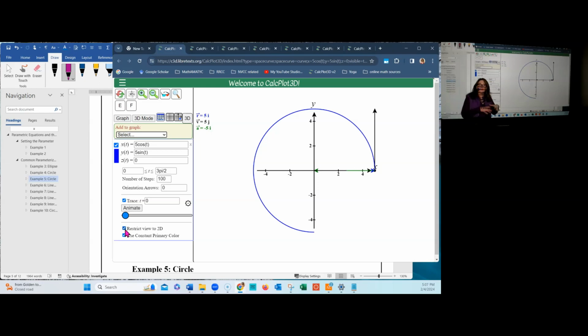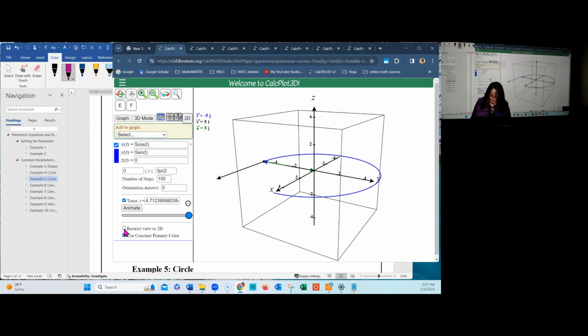The number of steps just smooths out the curve so it's not jagged. All right, so now we're going to animate. And we're going to see that it's going in the counterclockwise direction from the point we wanted and stopping on the negative y-axis. And again, if you want to see it in three-dimensional space, click off the box to restrict to 3D view, and you can see the same curve. Remember that the X is actually coming out of the screen towards you.